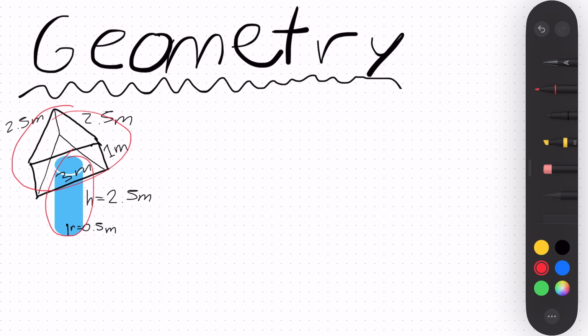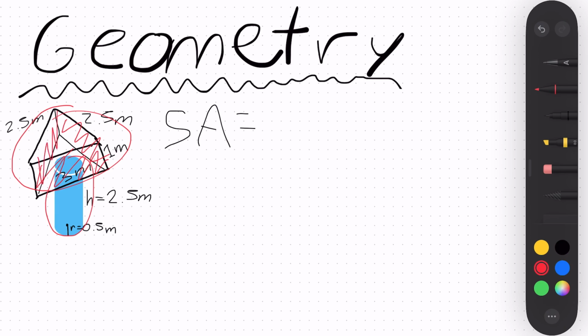To solve for the surface area of our triangular prism, we must find the area of all of its faces. So, we already know some of the areas. For example, this side, which is a rectangle, this side, which is also a rectangle, and this side, which is also a rectangle.